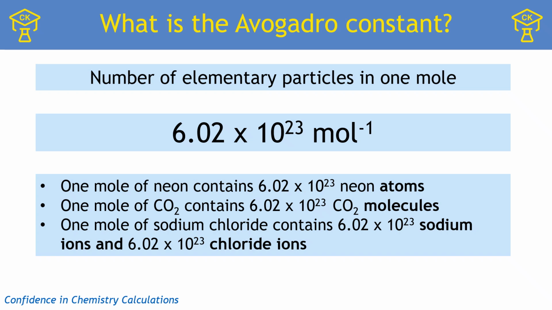And if I was to look at an ionic substance, and this is where it gets interesting with some of our calculations, 1 mole of sodium chloride will contain 1 mole of sodium ions, and therefore it will contain 6.02 times 10 to the 23 individual sodium ions, and then it will contain the same number again of individual chloride ions, because 1 mole of sodium chloride contains 1 mole of sodium ions and 1 mole of chloride ions.